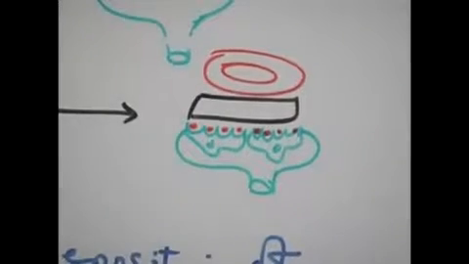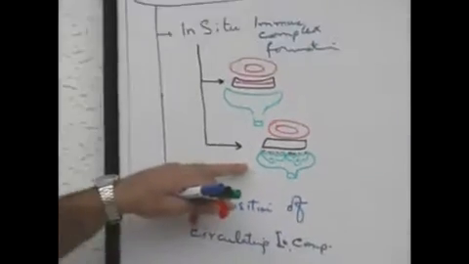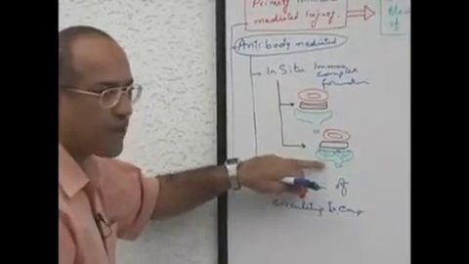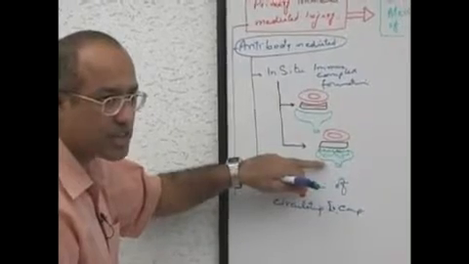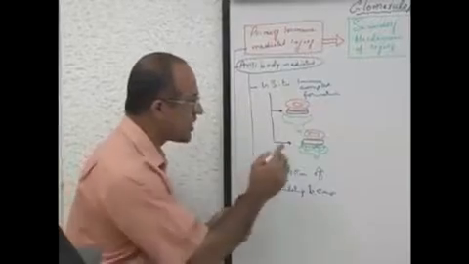So naturally there was a granular pattern of antibody deposition. This type of glomerulonephritis is also called Heymann's glomerulonephritis. This is the second mechanism.